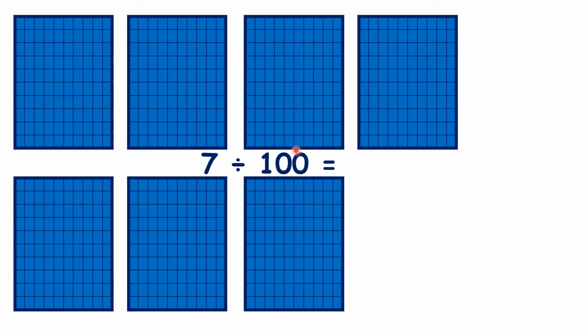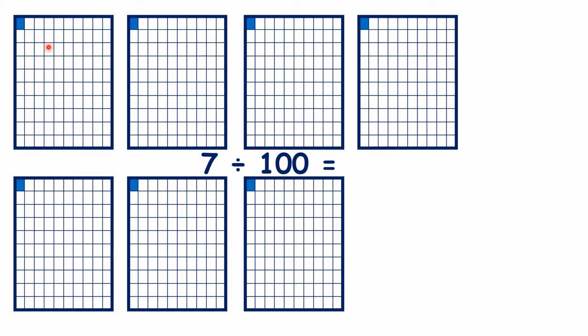So here we have 7 large rectangles. Dividing by 100 is really the same as keeping only 1/100th of something. So let's keep only one part out of 100 of each rectangle. Putting what we have left together, we can see that we now only have 7/100ths of a rectangle.